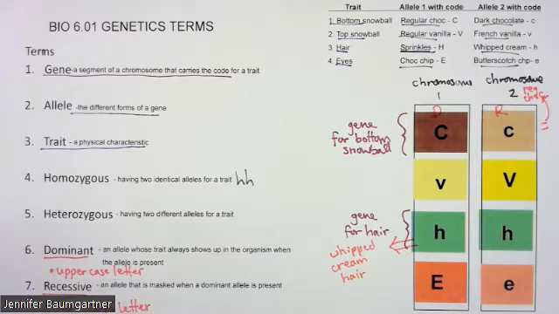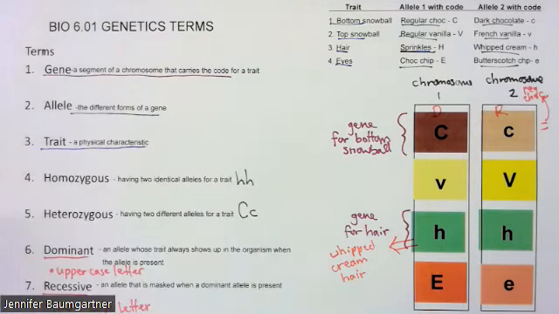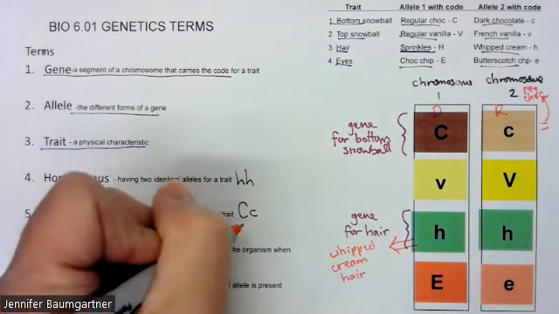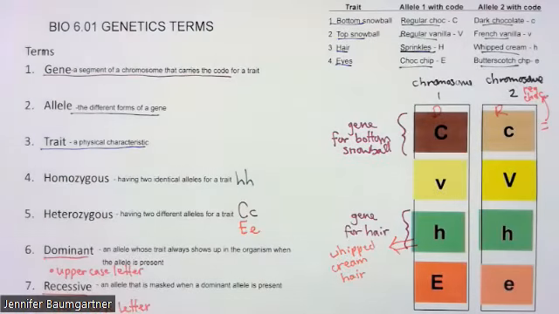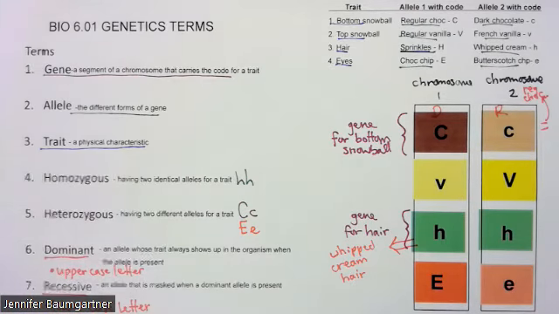But if we look at our capital C and lowercase c, those are heterozygous. Those are two different alleles. If we look at our capital E and our lowercase e, those are heterozygous. We have two different alleles for the trait. And you may or may not have heard prior in the year, homo means the same and hetero means different. So that's how you can remember that.